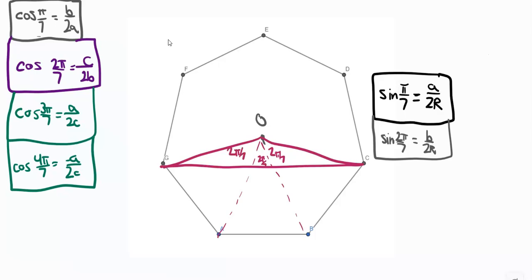Well, of course, 2 plus 2 plus 2 is 6. So this angle at the top here is 6 pi over 7.